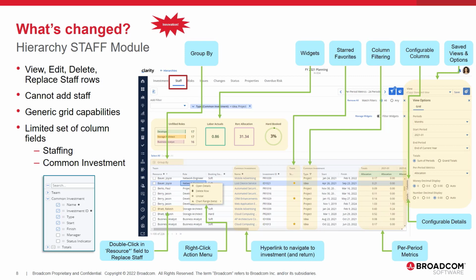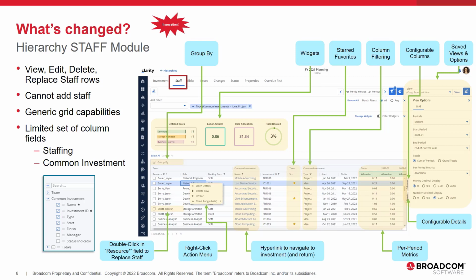This module has all the generic capabilities available for the grid layout as noted here, including the ability to click on a hyperlink to navigate into the investment and return back to the hierarchy. It also includes the recent introduction from 1603 for column filtering.